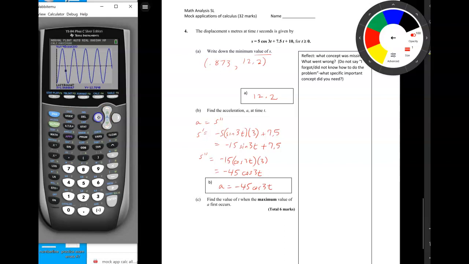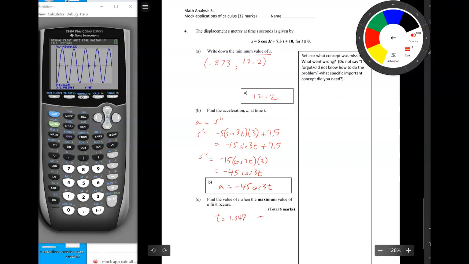This is improving my video game skills. Enter. And then I go slightly to the right of the hump. And I hit enter again. And then I hit guess. And the maximum is 1.047. So the t value is 1.047.